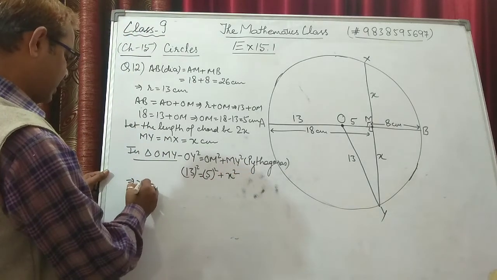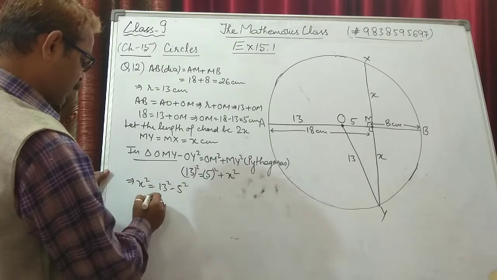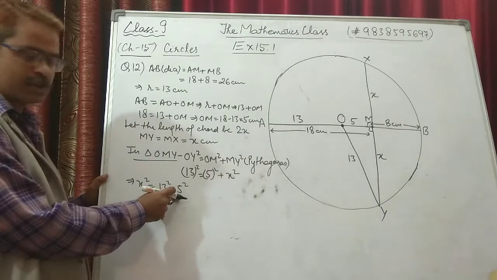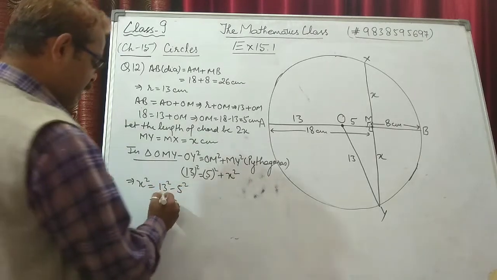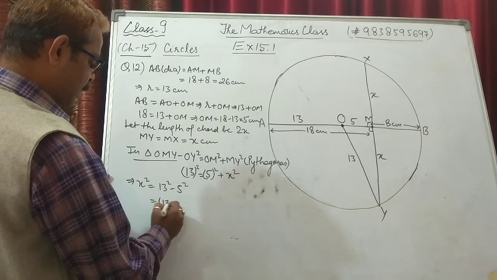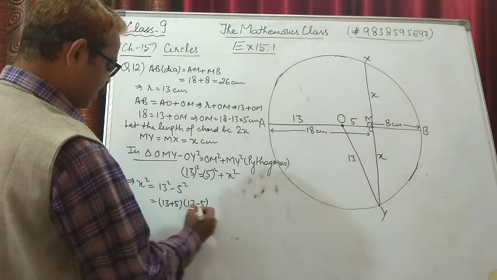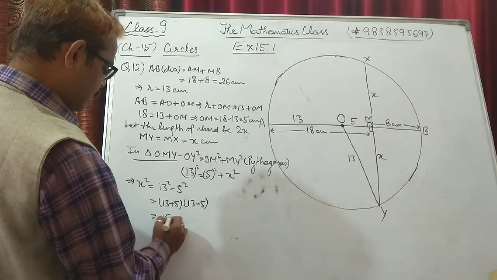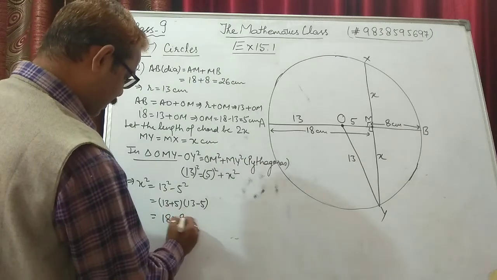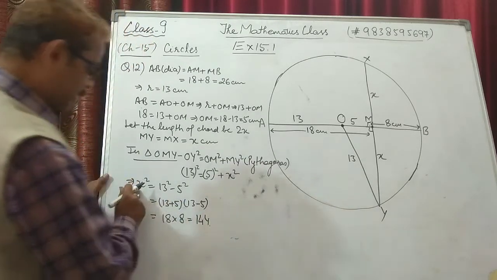Now in this we can say that x square can be written as 13 square minus 5 square. This can be solved by two methods, either by a square minus b square, or you simply solve it. This time we are solving it by a square minus b square. We know that a square minus b square is a plus b times a minus b. So 13 plus 5 is 18 and 13 minus 5 is 8. 8 times 18 is 144, which is x square.